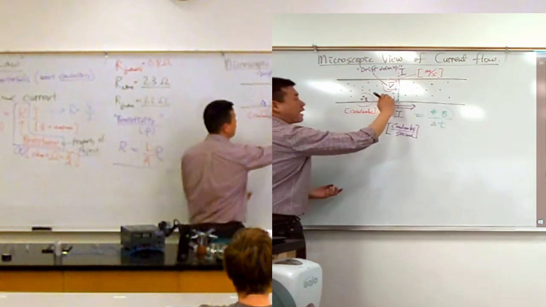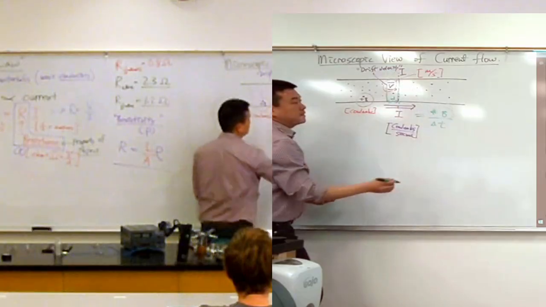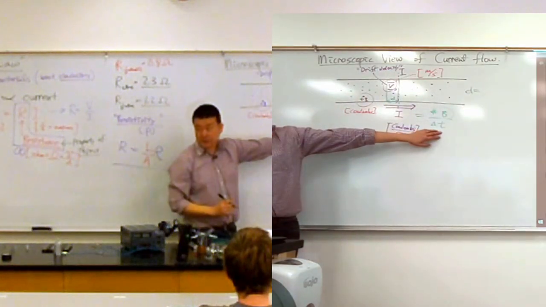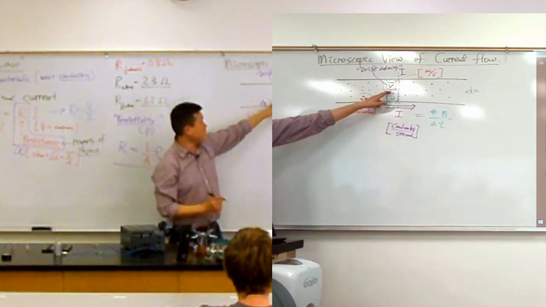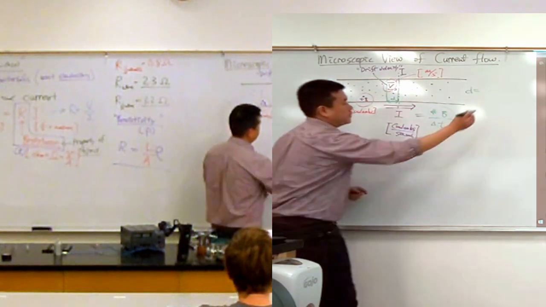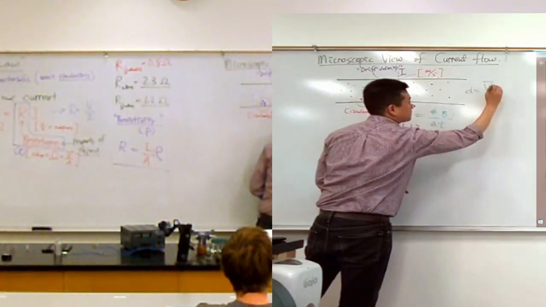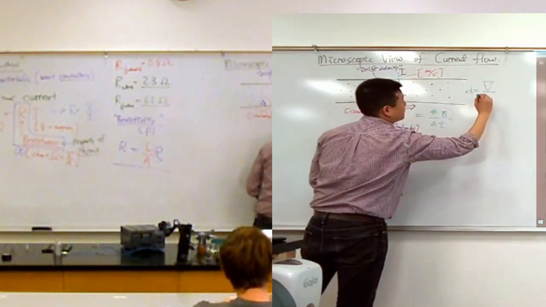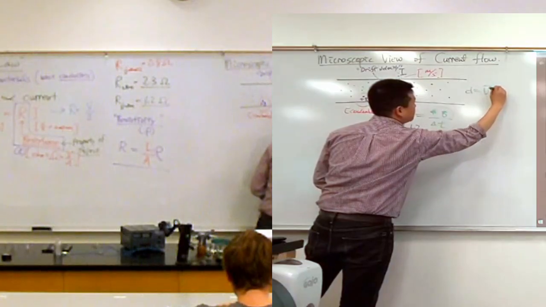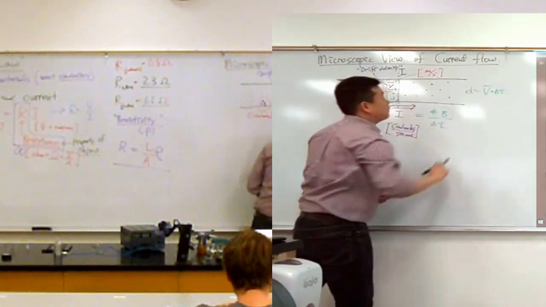And this is how I'm going to pick my distance d. My distance d will be based on the amount of time that I'm going to look at and the amount of speed. So d will be, let me write it down first, the average velocity multiplied by the delta t that I'll look at.